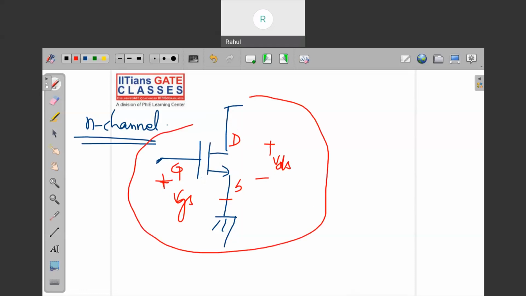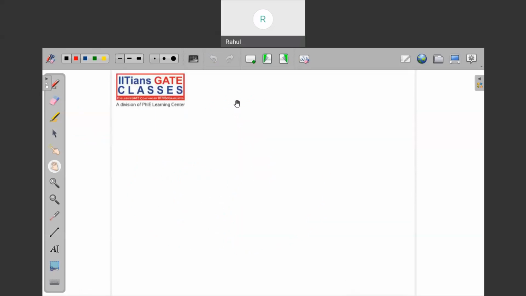We need to understand that the current will be the drain current. There will be three regions of operation, so let me discuss them one by one, which will be used to solve the problem.